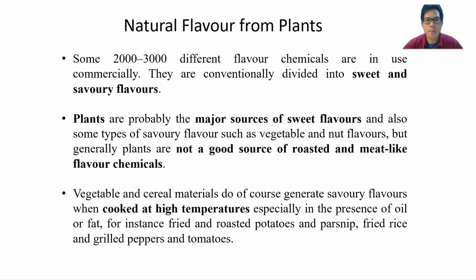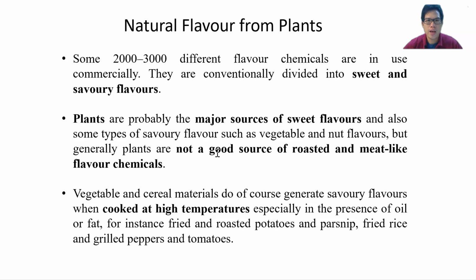If you are looking at plants, the natural flavor in plants actually is a major source of sweet flavors, and some types of savory flavors, such as vegetable and nuts flavors, but generally they are not a good source of roasted and meat-like flavor chemicals.